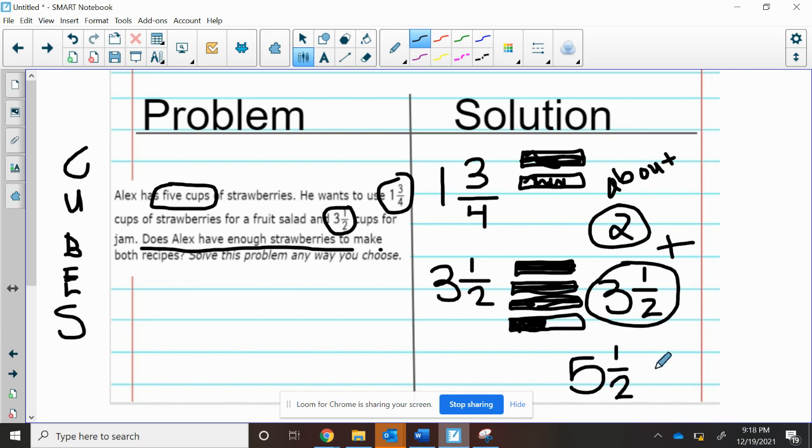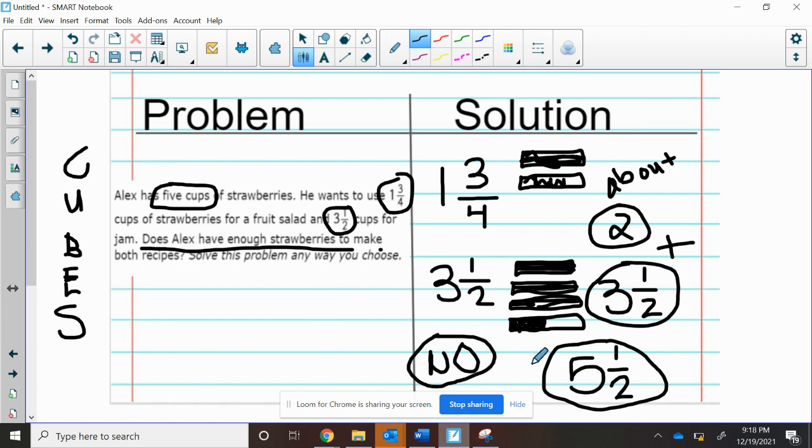It's going to take about 5.5 cups of strawberries to be able to make both of these recipes. And we know that Alex only has 5 cups. Okay, so I do not think that Alex is going to have enough strawberries to be able to make both of these recipes.